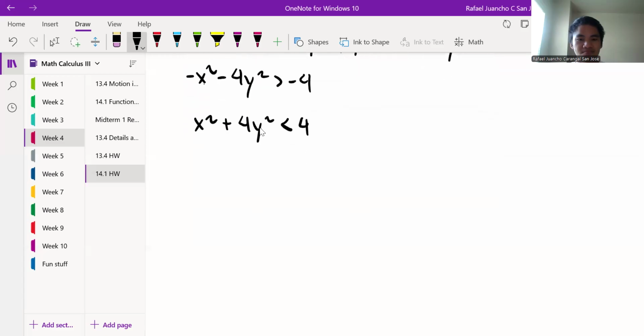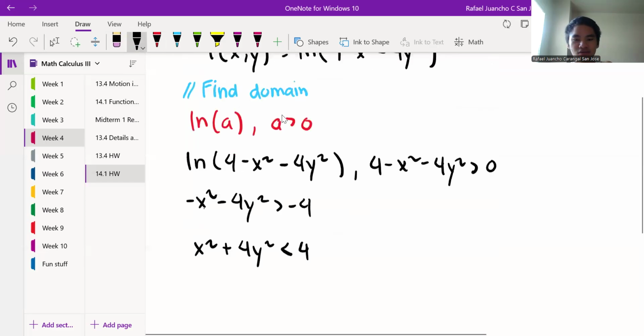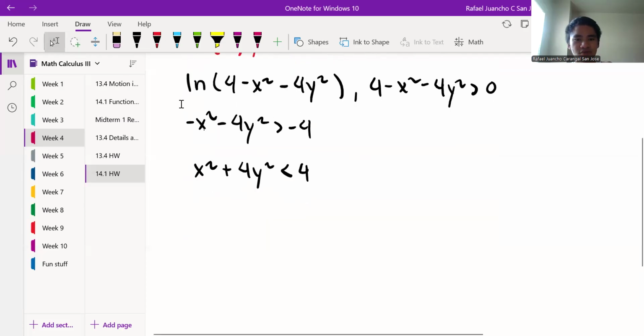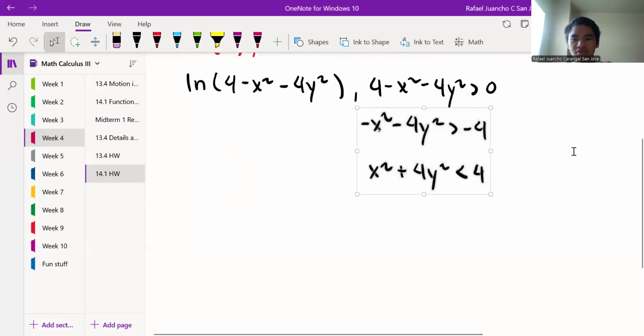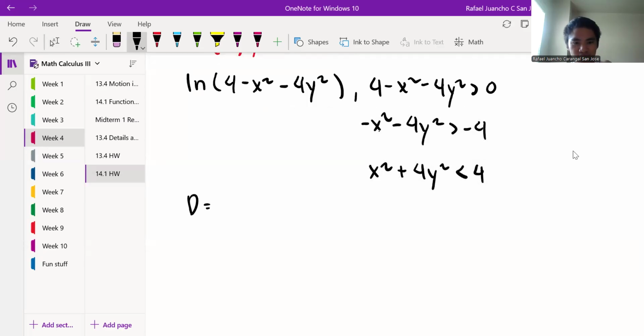And we're saying that, okay, that's my rule, basically. If you write it in formal notation, we can say that my domain is a set in which I have these 2 points, and my rule is that this thing has to be less than 4.